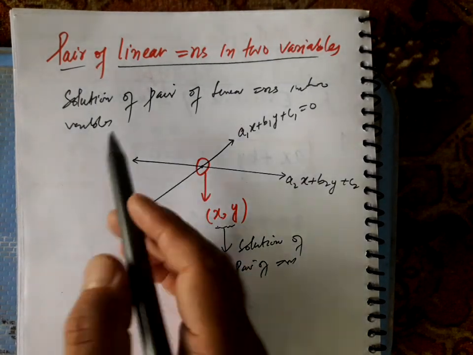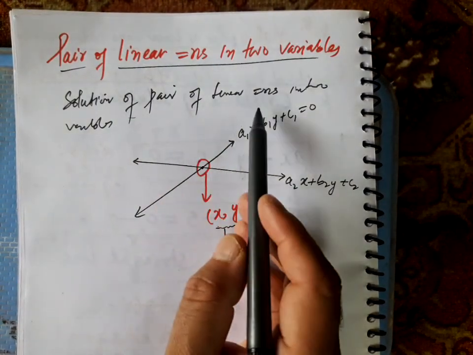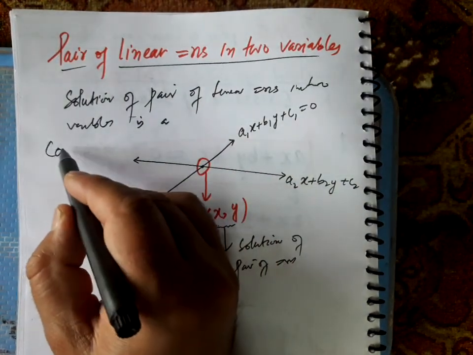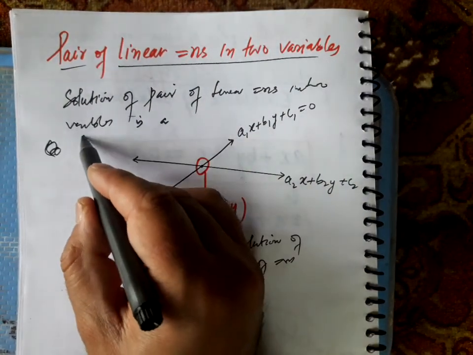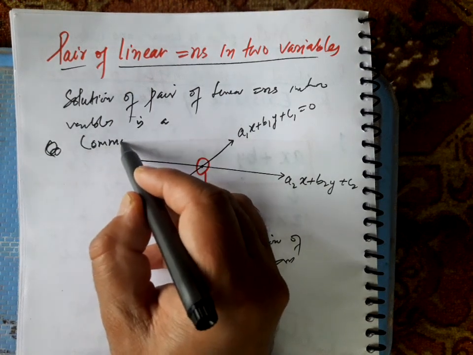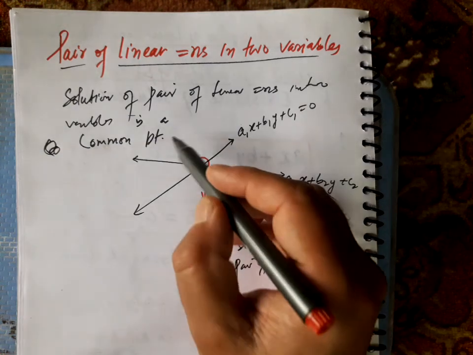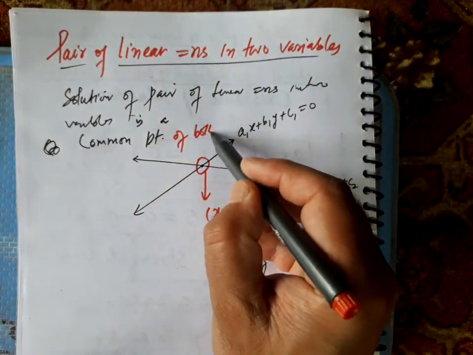So the solution of a pair of linear equations in two variables is a common point of intersection, or we can say the common point of both the lines.